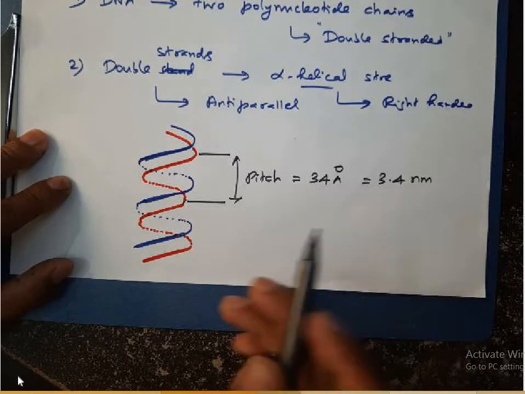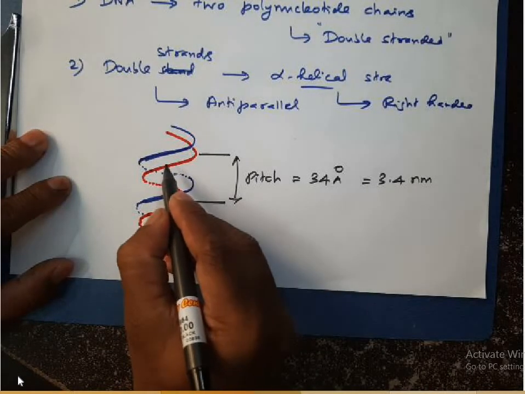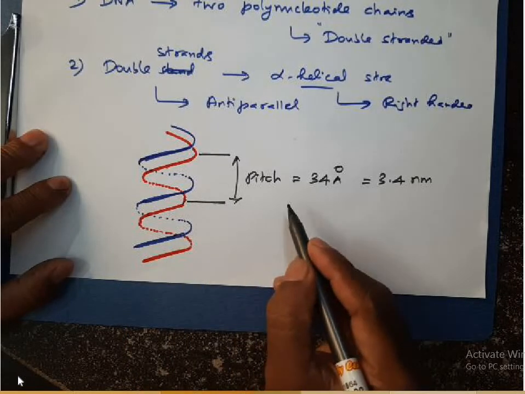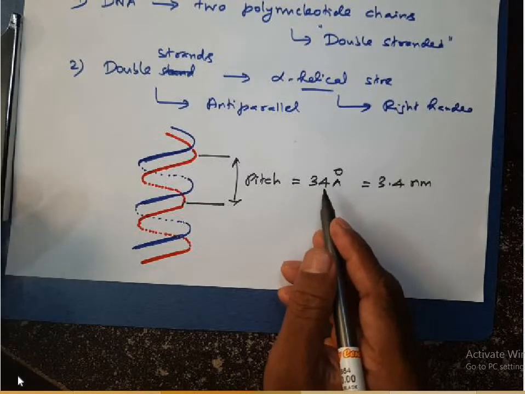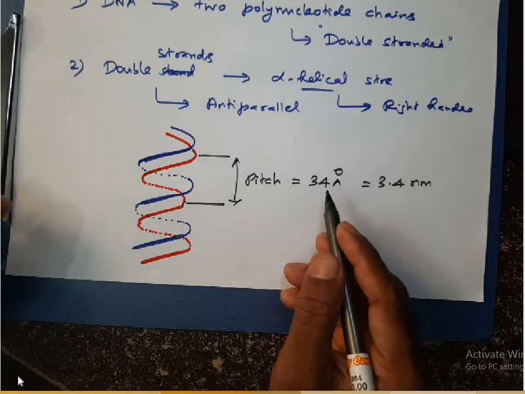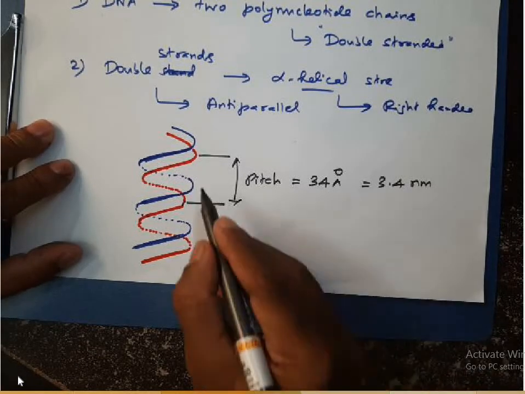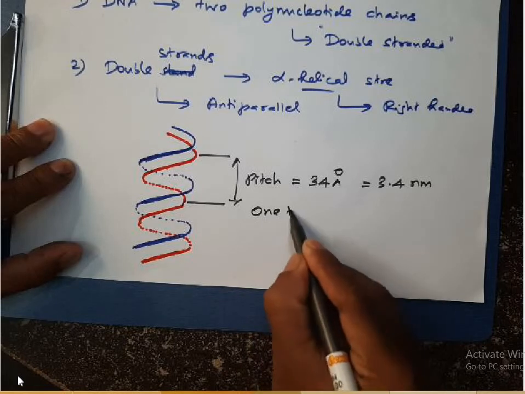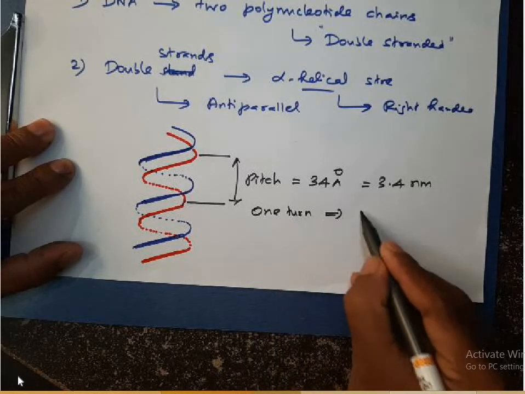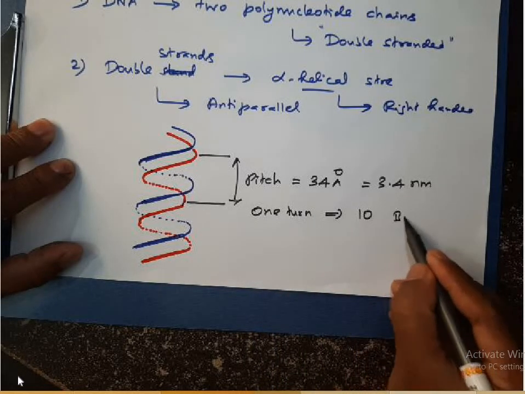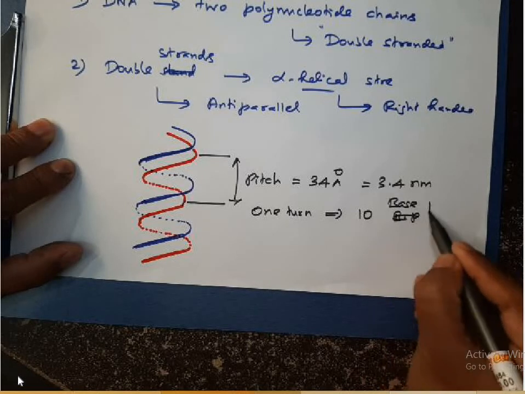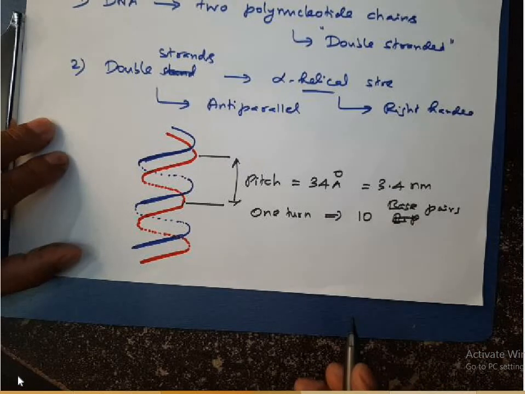If you see, in one turn there will be 10 nucleotide pairs. Let me write, one turn contains 10 base pairs. Why am I saying base pair?